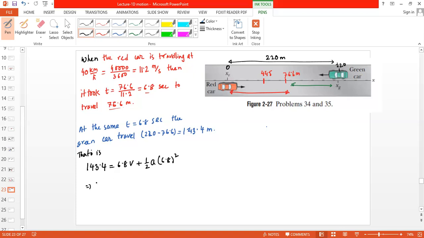So 143.4 equal to 6.8u plus, what is 6.8 whole square by 2? 23.1. So this should be 23.1a. Okay, so this is my equation number 2.